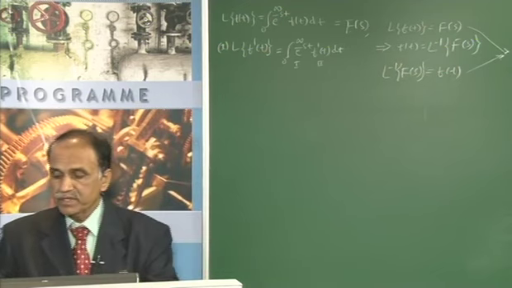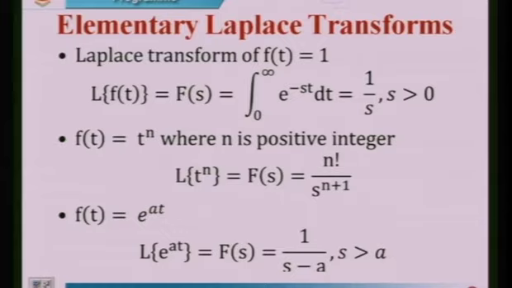For example, in the elementary Laplace transforms, t to the power n is the algebraic term. There, L of t to the power n into f t must be written as an exponential term into algebraic term type product under the integral sign.